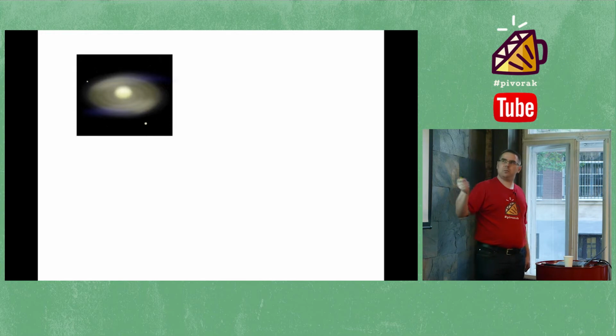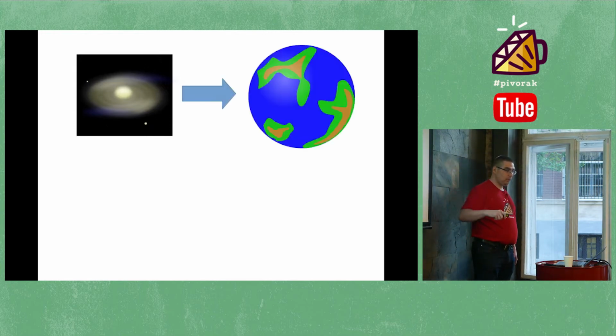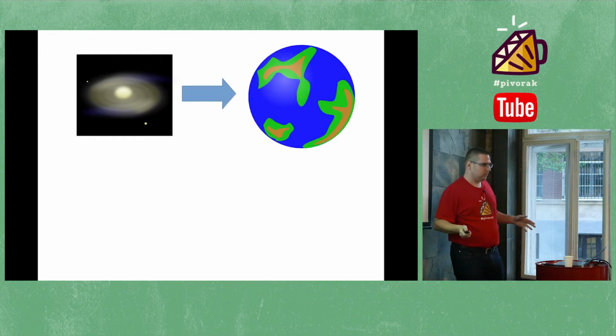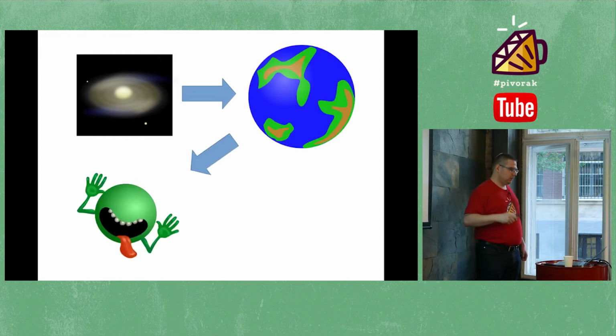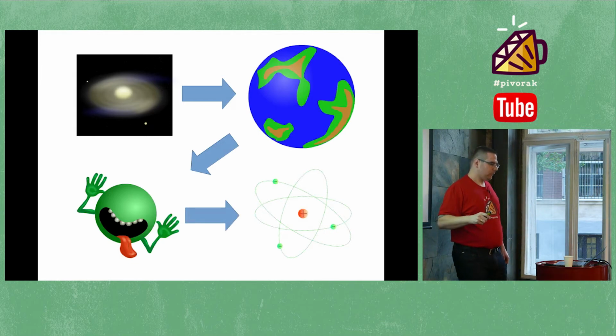We know that there is a world, like whole galaxies. And they have some planets, some suns, some life forms. And those life forms go into atoms. So we can think from the smallest to the biggest imaginary things described.